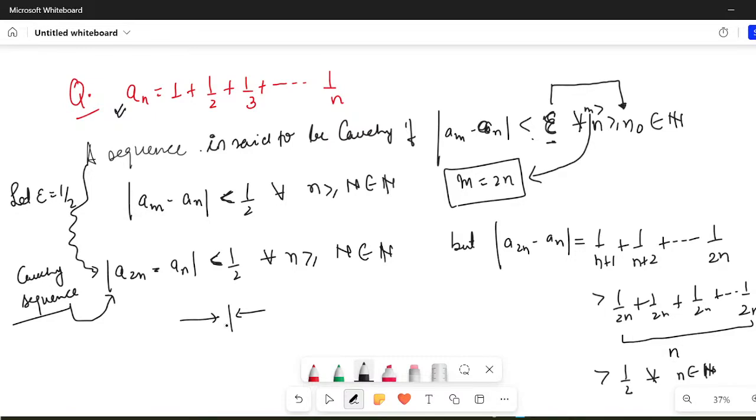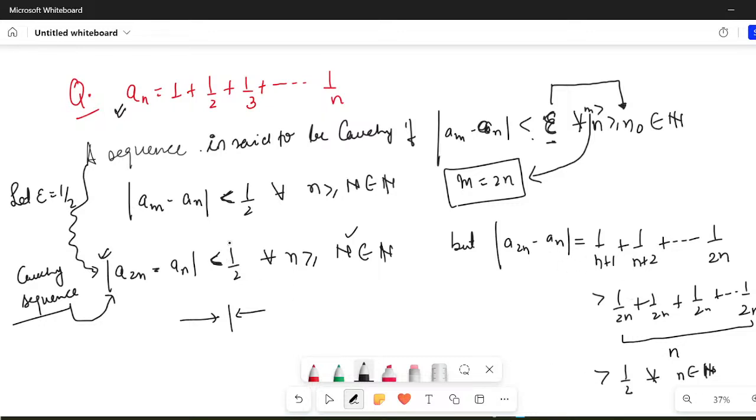So see, I claimed that my sequence is Cauchy. If my sequence is Cauchy, then you should understand that the modulus of am minus an can be made less than epsilon. Let epsilon be equal to half and let m equal 2n. So if my sequence is Cauchy, then the modulus of a2n minus an can be made less than half for all n greater than or equal to some natural number. But what happens is a2n minus an can never be made less than half.